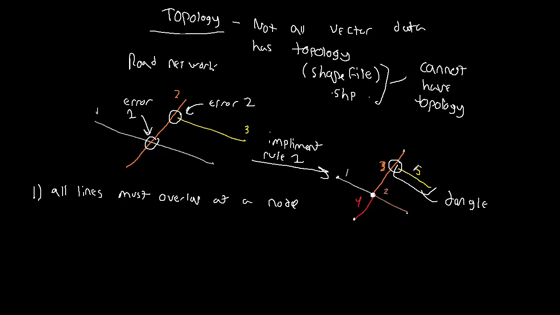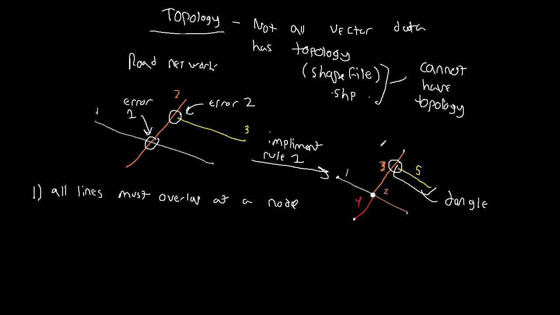Where you have a piece of a line set network that should be connected to the rest of the network, but yet are not. Anytime this happens, it's called a dangle.